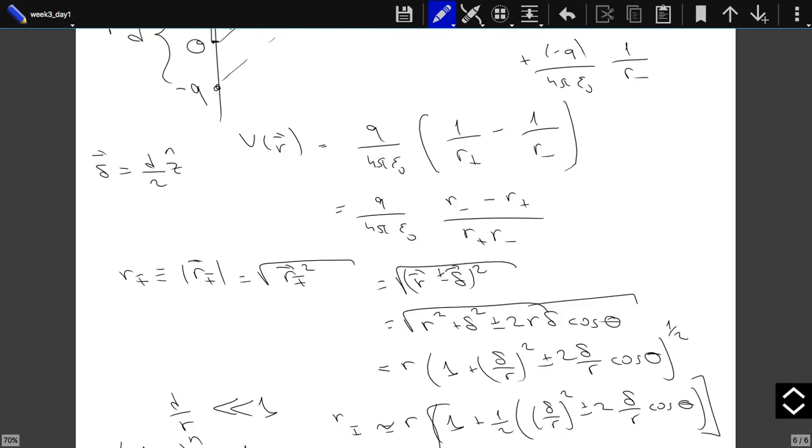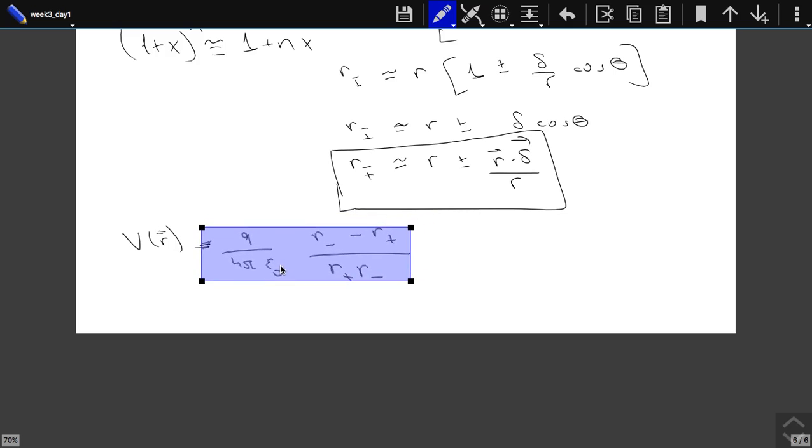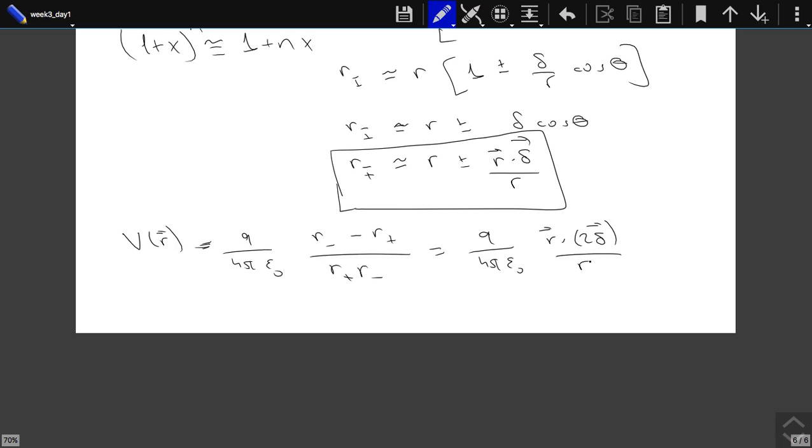Now let's see. This is our potential. We know what r minus is. We know what r plus is. This is equal to q over 4 pi epsilon 0 times r scalar product with twice d divided by r. This is r minus minus r plus.